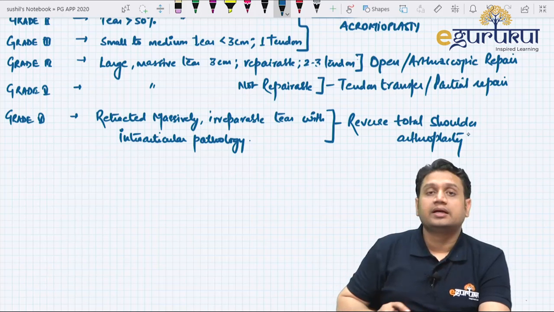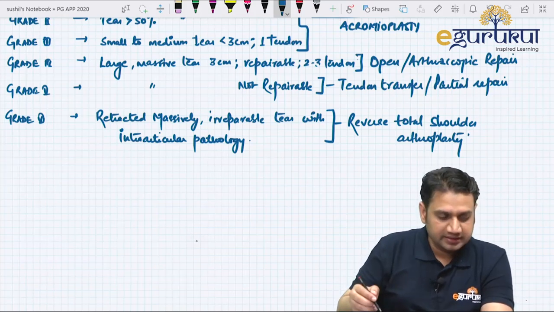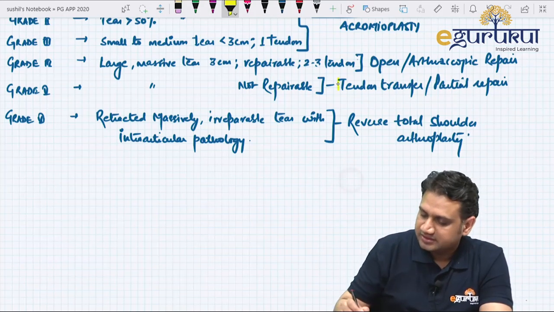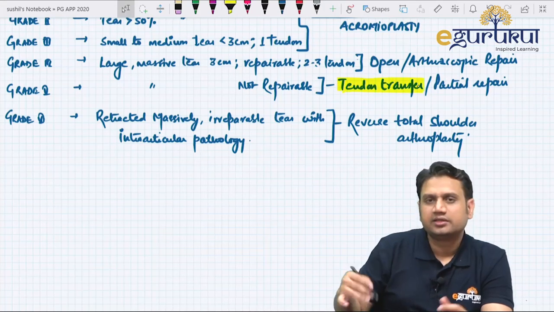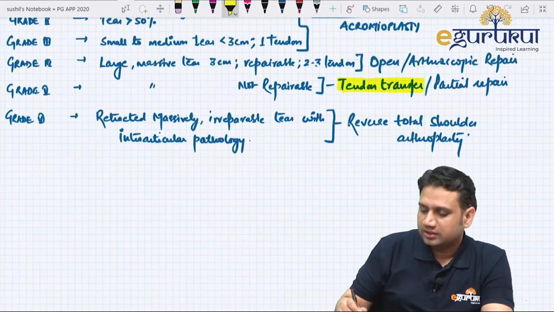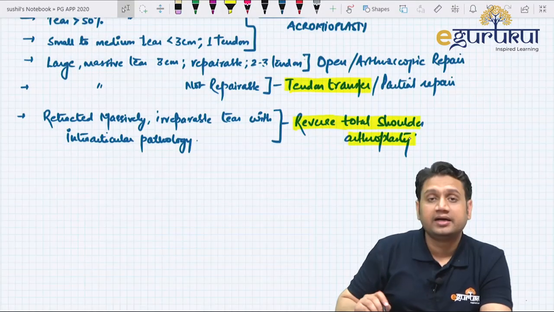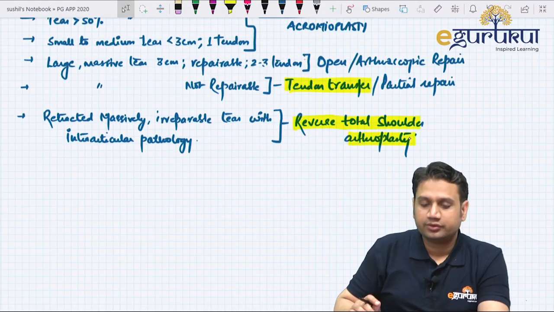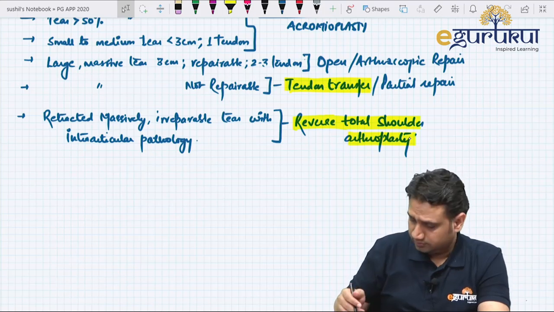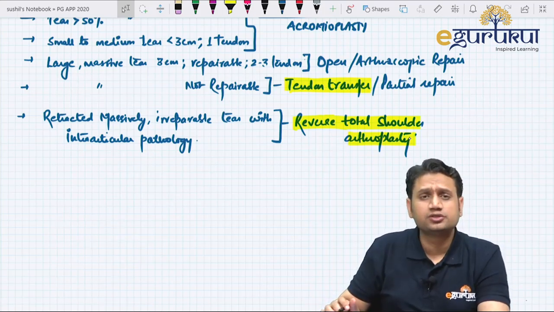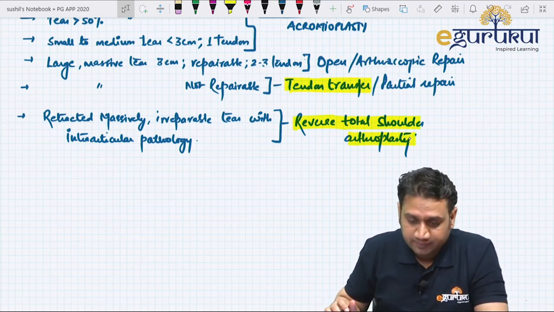Tendon transfer is done when it cannot be repaired, very simple. If the joint is involved, go for replacement, right?